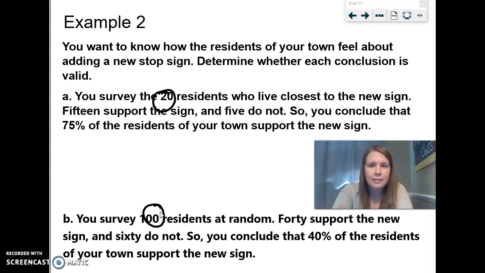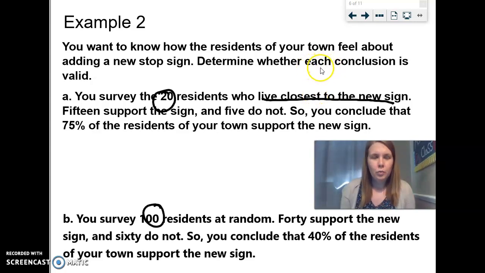The other thing is that in A, I can tell that it's biased because it's singling out a certain group of people, because it says 15 who live closest to the new sign. I would think in theory you should ask the people who live there, but you're also being biased against the people who don't live right next to it and also have opinions.